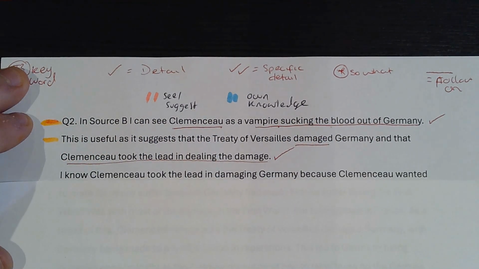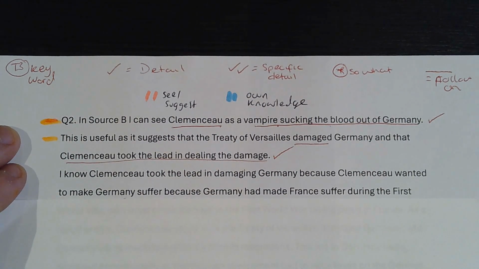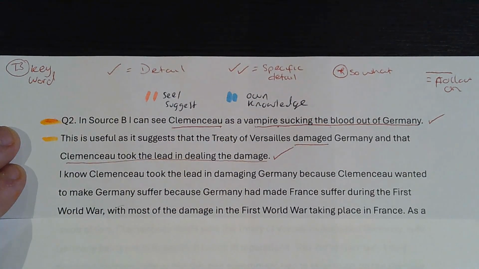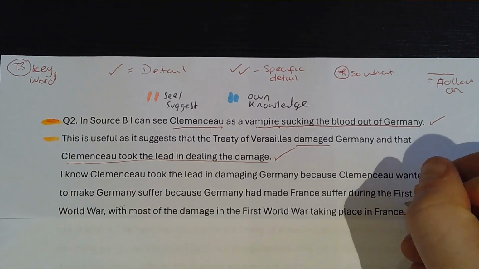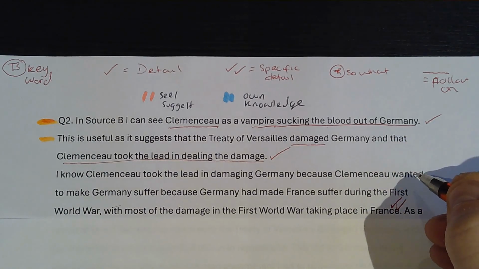So I start off by saying, I know Clemenceau took the lead in damaging Germany because Clemenceau wanted to make Germany suffer, because Germany had made France suffer during the First World War, with most of the damage in the First World War taking place in France. So in this sentence we have a lot of specific detail.